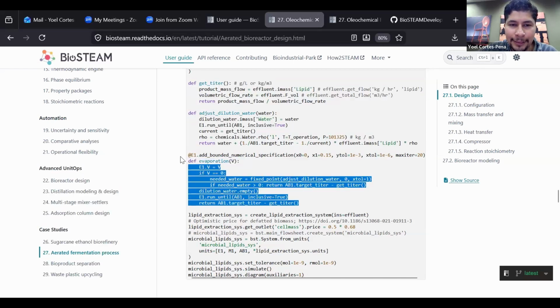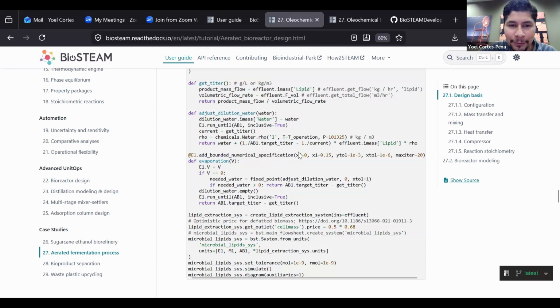So this is a fancy feature in BioSTEAM to solve for this variable, the vapor fraction, within these bounds for these given tolerances, such that the error between our target titer and our actual titer is 0.